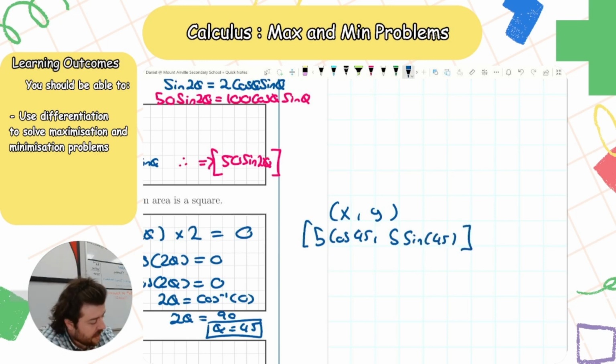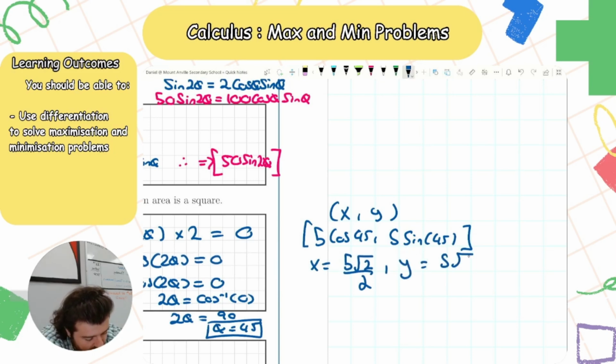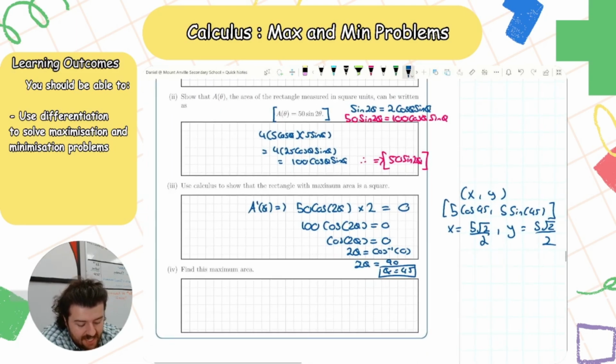If you put them in your calculator, you're going to get the same thing. That's going to be equal to 5 root 2 over 2. So x is going to be equal to 5 root 2 over 2, and y is going to be equal to 5 root 2 over 2. So x and y are the same. Therefore, it is a square.